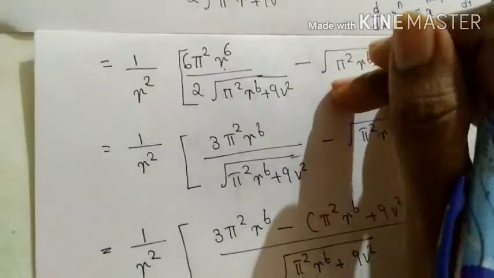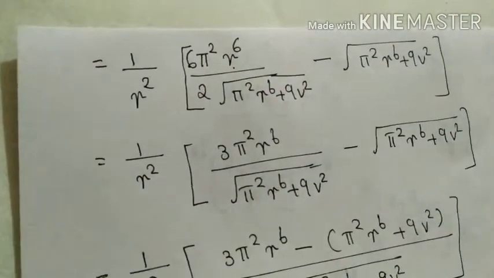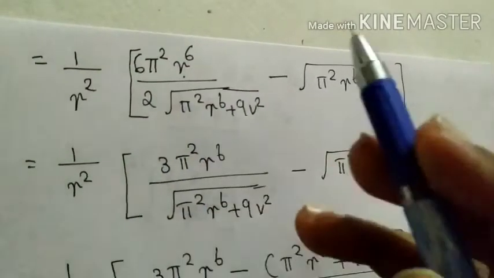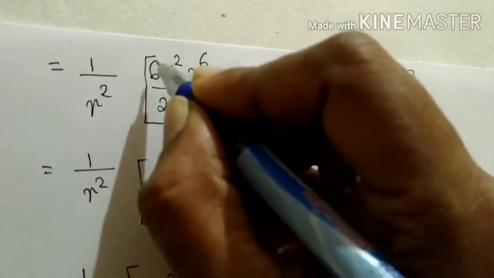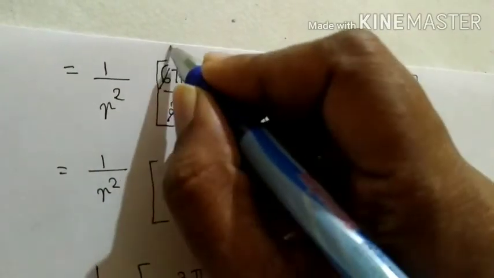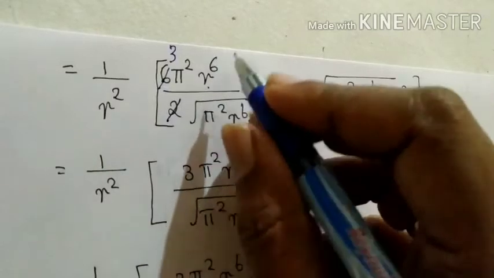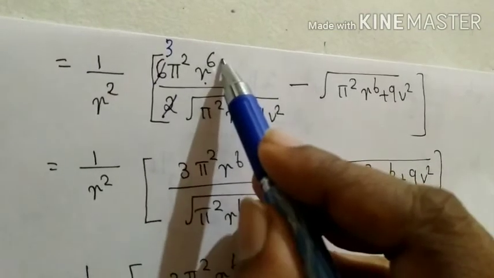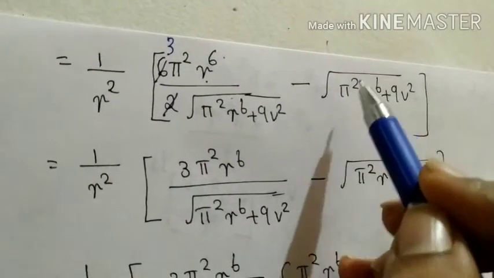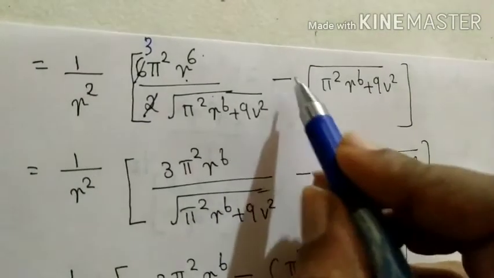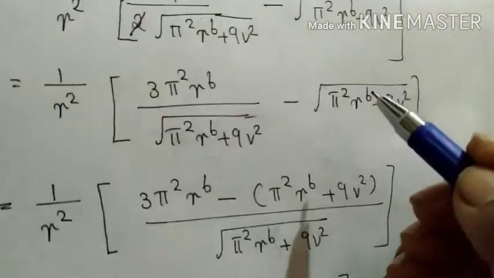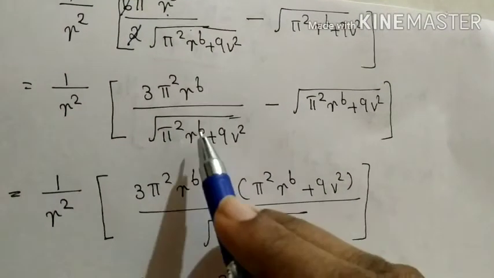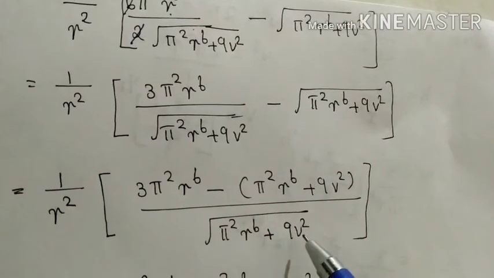Okay, so next I am going to cross multiply this step. We get, first of all I am going to cut this 6 and 2, so it will become 3 pi square r raised to 6, and then cross multiplying we get 3 pi square r raised to 6 minus, root into root will cancel, so we get minus pi square r raised to 6 plus 9 v square whole divided by root of pi square r raised to 6 plus 9 v square.